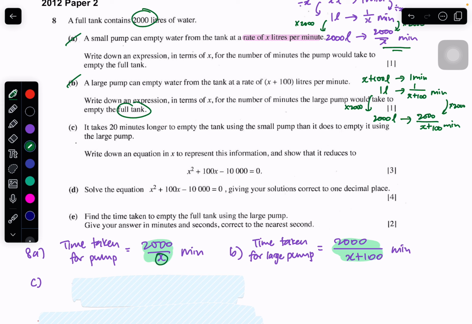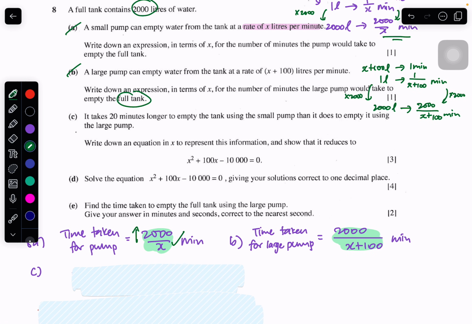If you compare X versus X plus 100, which is the smaller one? Clearly the smaller one is X. So if the denominator is smaller, it means the time taken would be longer.